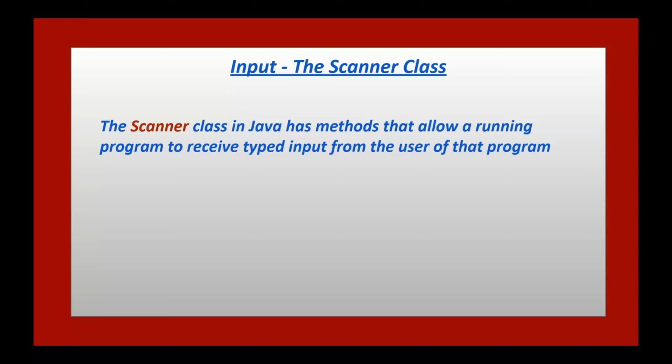Whatever it's going to ask, it is going to make a prompt, and then it's going to sit there and wait for input, and the user will type it in. Once they type that input in, it's going to go into a variable, and then the program can use that variable for whatever it needs to, whether it needs to use that variable for a calculation or it needs to just print it out to display it to the user. We're actually going to do that very, very soon. But that's how the scanner works.